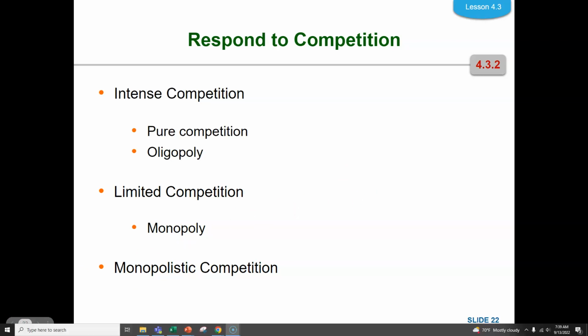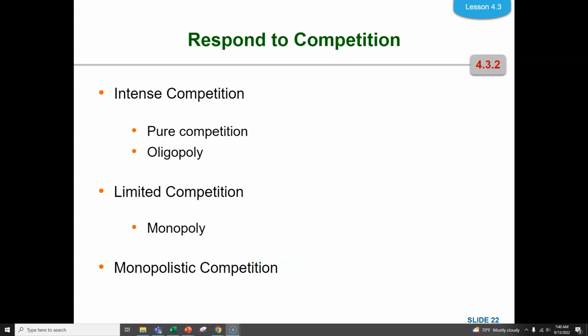So with pure competition, think like farmer's market kind of. Pure competition is like there's a lot of people offering pretty much the same thing. So if you have 20 booths and 15 of them are offering strawberries and tomatoes, that's a pure competition thing, and so you're very limited in how you can differentiate yourself.